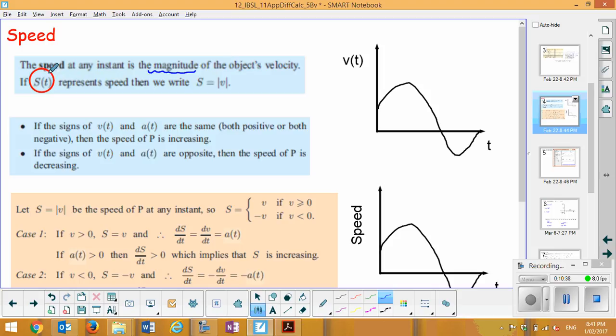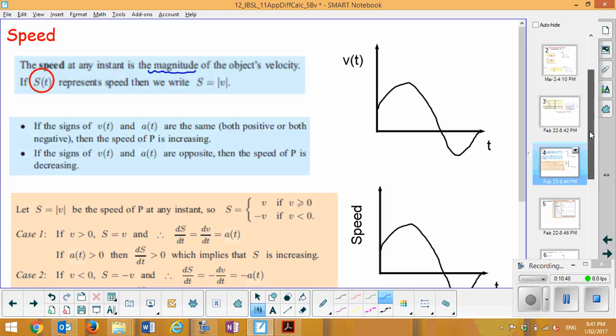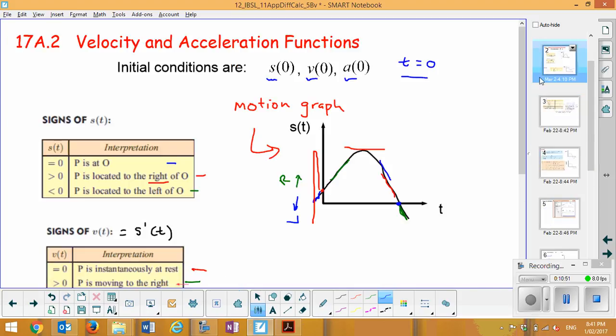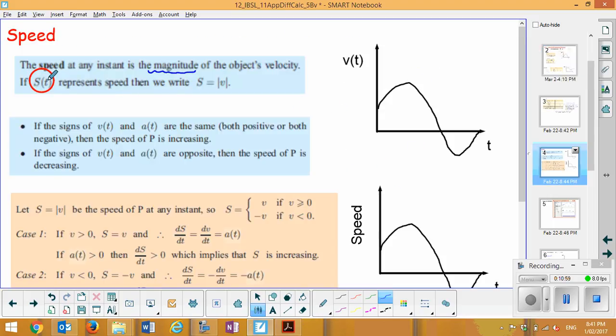The notation they've got here is with a capital S as a function of t. Be really careful you don't get these confused. The little s they've used earlier has been for displacement. If we jump back to here, see this small s, little s for displacement, whereas down here they're using a capital S as a function of time, because it still will be a function of time.